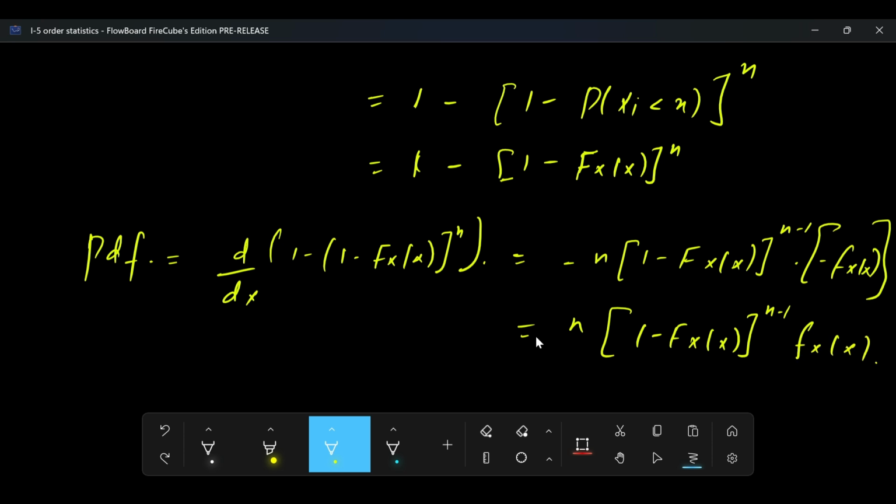Is this clear? This is the PDF of the first order statistic. Clear? So now you know the PDF and CDF of the first order statistic as well as the nth order statistic.